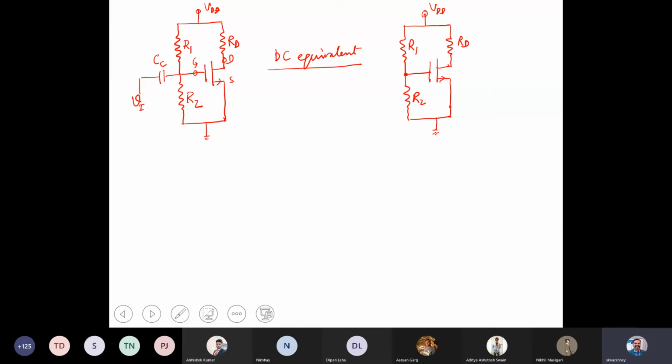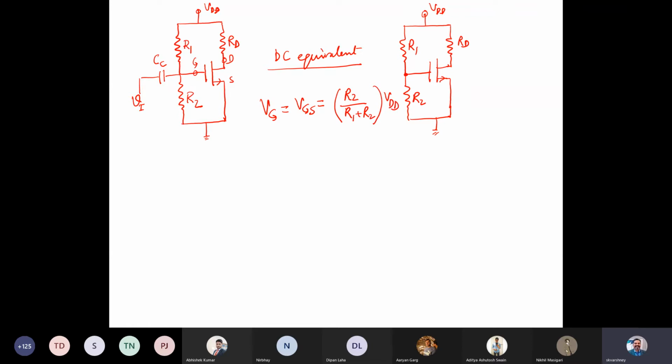That is VG, which is nothing but the gate to source voltage. We can find it out by the voltage divider. This is R2 by R1 plus R2 into VDD.